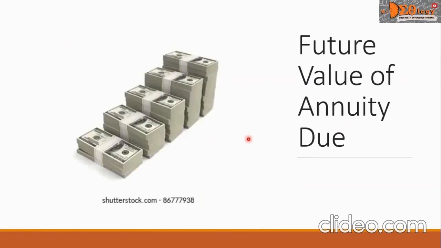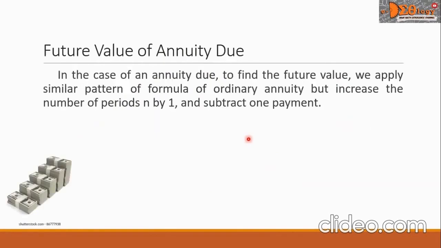Let us define the future value of annuity due. In the case of an annuity due, to find the future value, we apply a similar pattern of formula of ordinary annuity, but increase the number of periods n by 1 and subtract 1 payment.